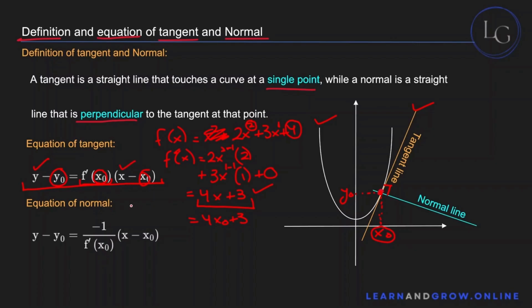Now the equation of the normal is obviously you just take the negative reciprocal of the gradient you found over here, which is f prime of x naught, right? And the rest remains the same. So you have this as your equation of the normal at this particular point, or any point really, just that the y naught and x naught values change. But these are the ways to find the equations of the tangents and the normals.